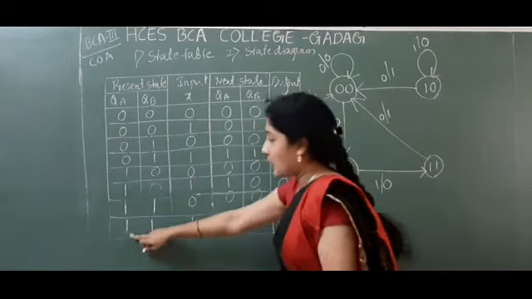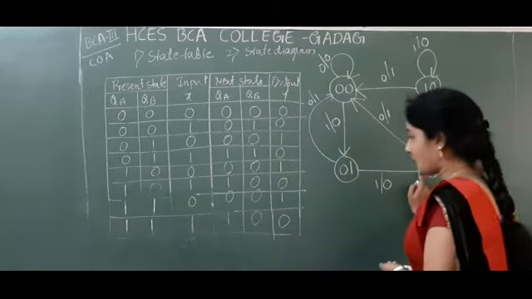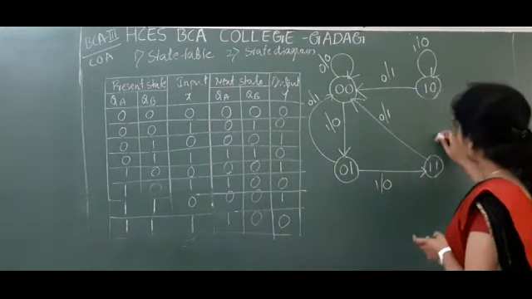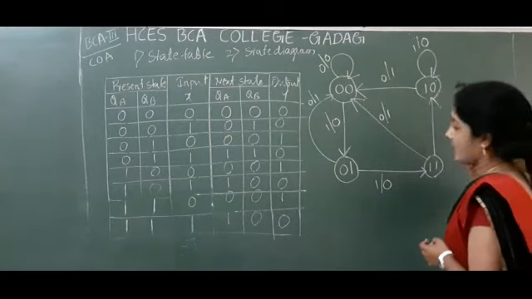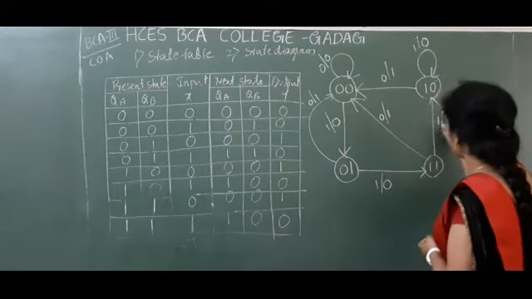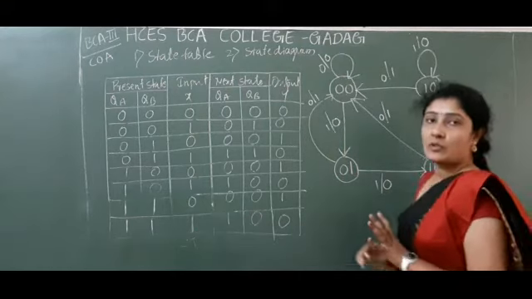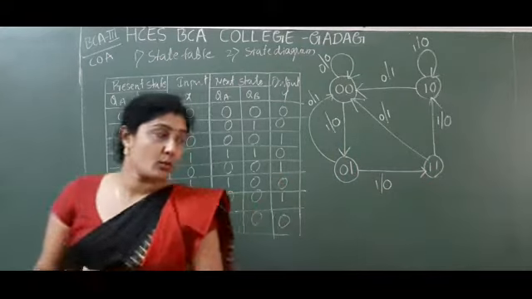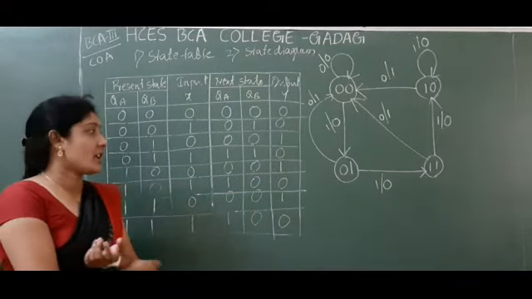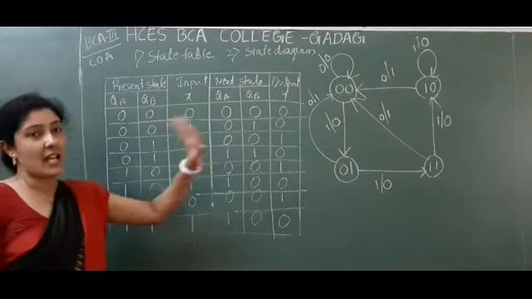Next, the present state is 1 1, this one. The next state is 1 0, so here. Input 1, output 0. 1 0. So this is how we need to draw the state diagram, which is very simple, because in the question itself there is an answer.